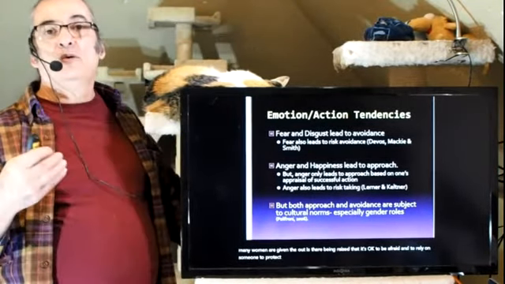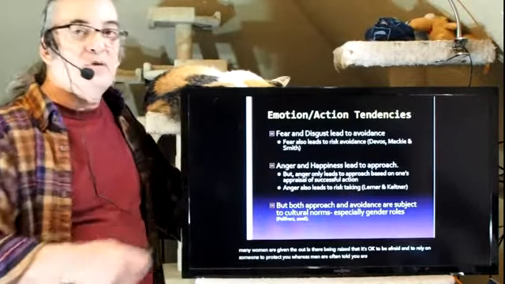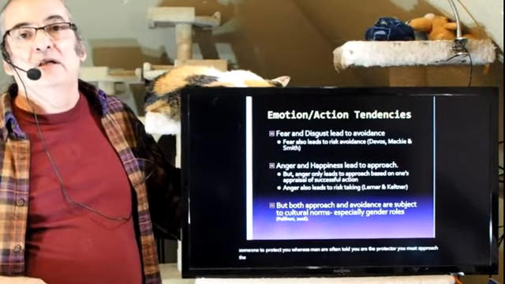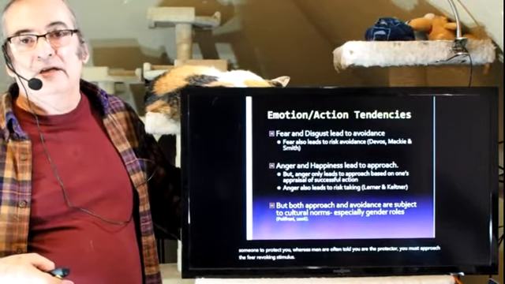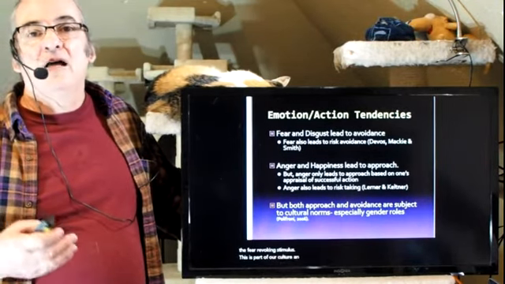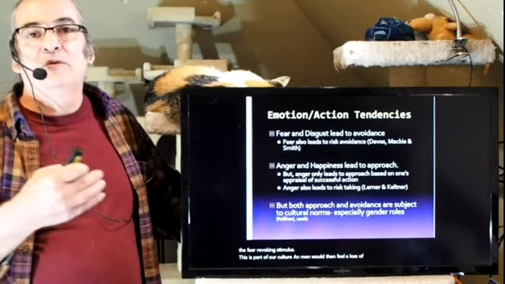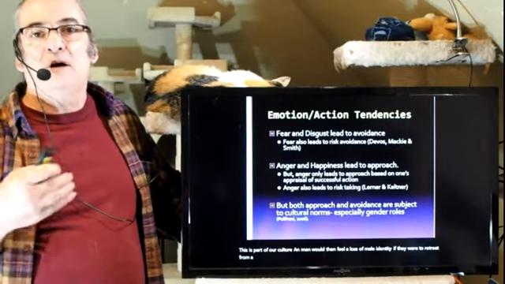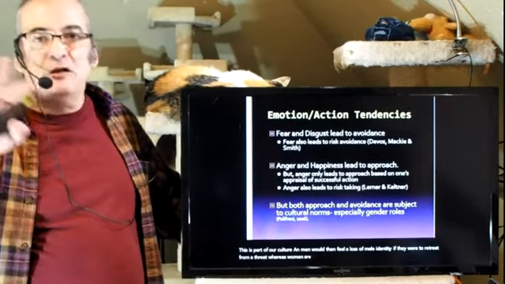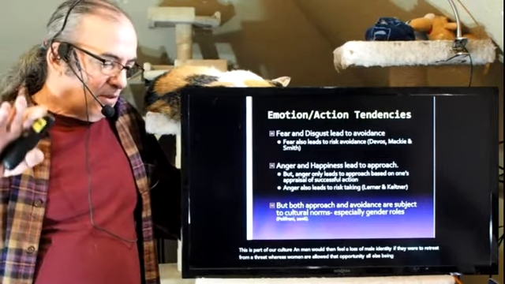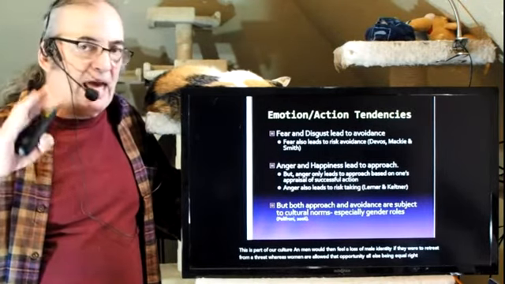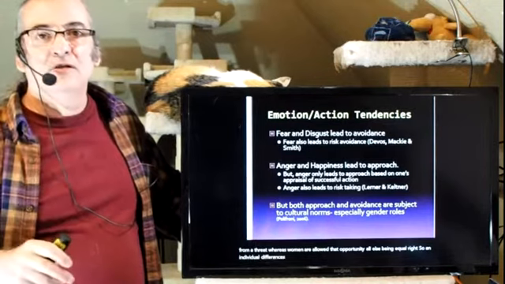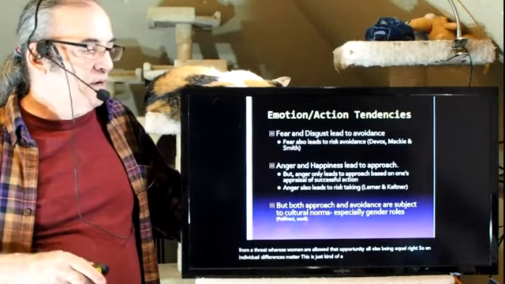Whereas men are often told you are the protector, you must approach the fear-evoking stimulus. This is part of our culture, and men would then feel a loss of male identity if they were to retreat from a threat, right? Whereas women are allowed that opportunity, all else being equal, right? So, and individual differences matter. This is just kind of a global observation.